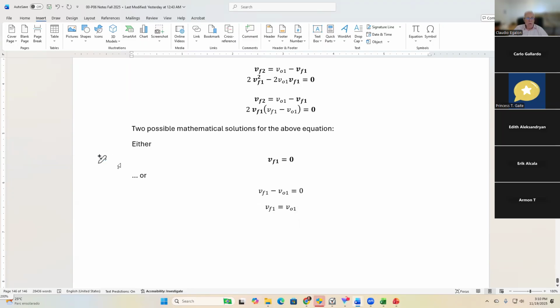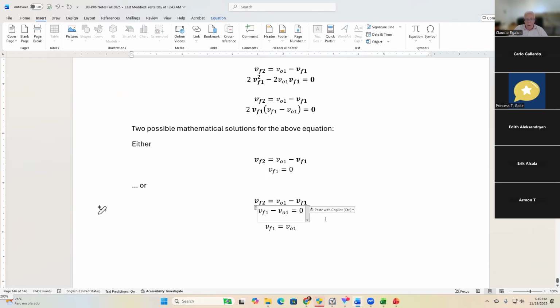And let's not forget we're going to repeat the first equation. We can do that with the software. Very easily you can do that. It's just a copy and paste process.